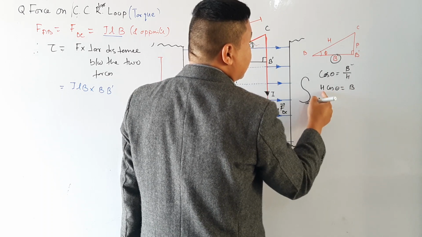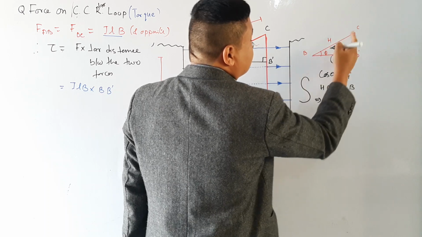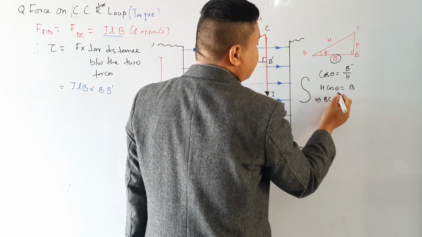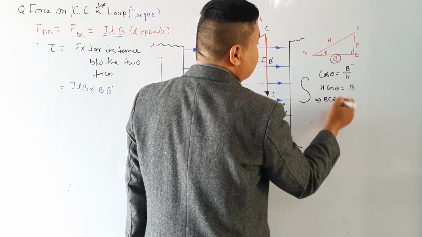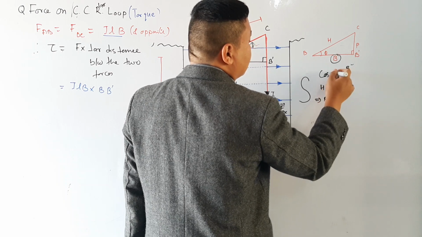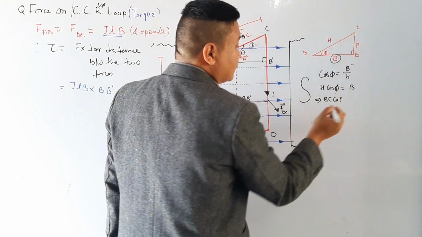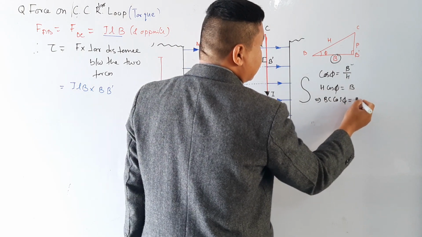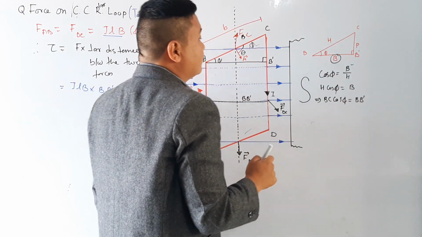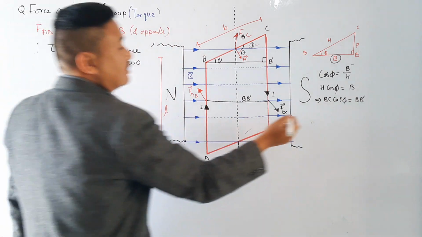How much is H? The hypotenuse is BC, and cos of theta. Not cos theta, here it will become cos phi. Why? Because this is my phi. Cos of phi will be B dash, so I want to find B dash. I got this one.